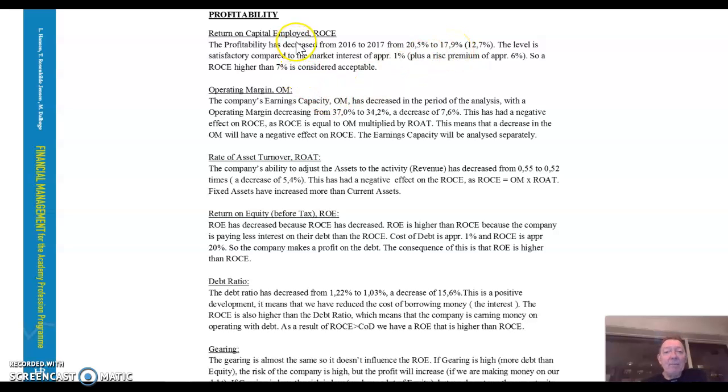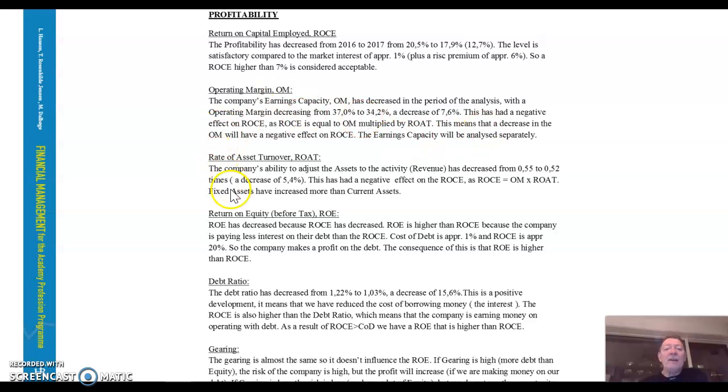And then you split up, as I told you in the first part, in operating margin, that means earnings capacity, and rate of asset turnover. In this case, the operating margin has decreased from 37 to 34, and it has a negative effect.